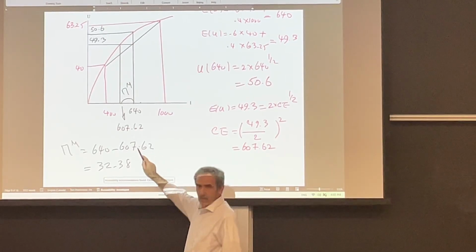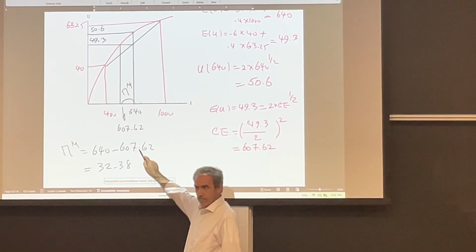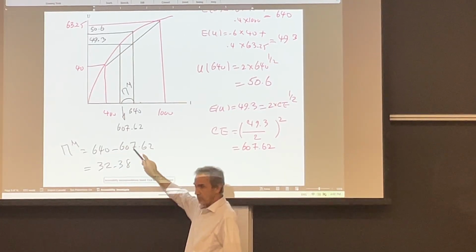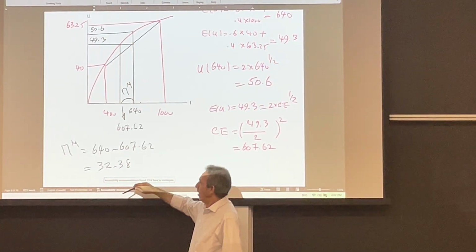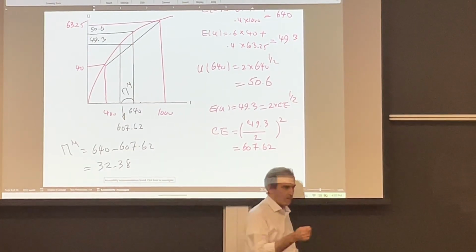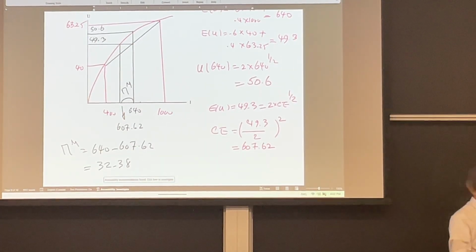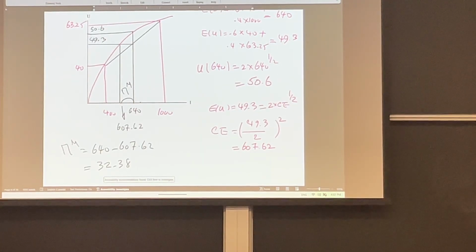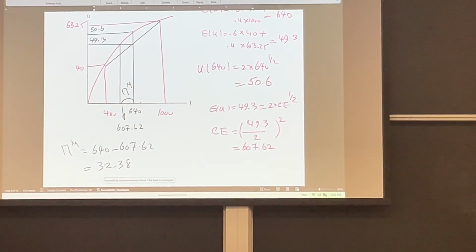This is how much the gamble is worth to you. Alright? This is how much 400, 1,000 is worth. That's the certainty equivalent. If someone offers you a certain income for something that's worth the certainty equivalent, you're willing to pay the difference. Look at it that way.